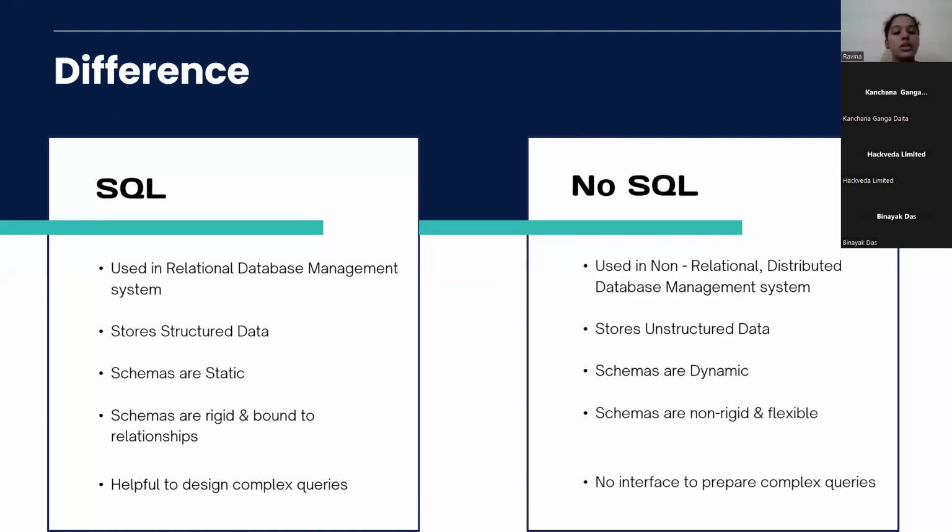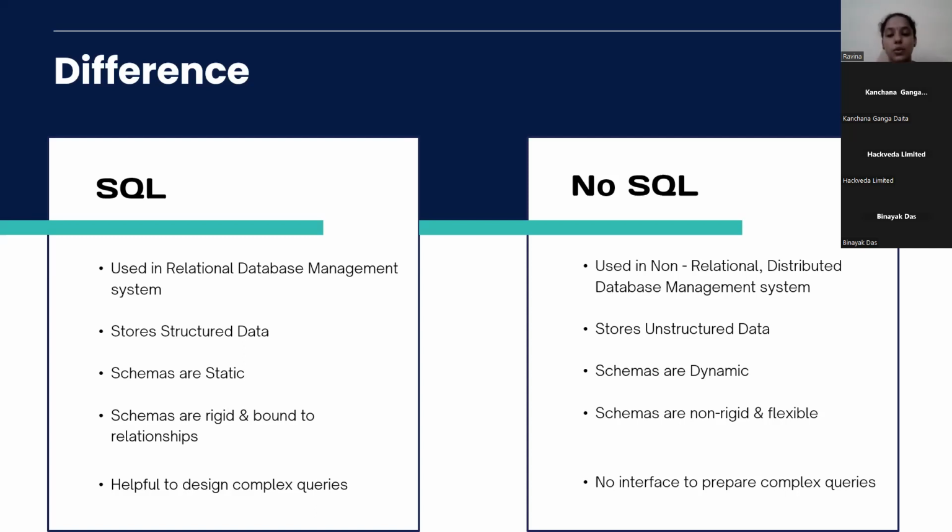SQL is used for a relational database management system, whereas a NoSQL database is a non-relational DBMS. SQL requires structured data, where NoSQL uses unstructured data. That is, the data can be in JSON form, document form. The SQL database is bound by relationships and is static, whereas NoSQL is flexible and dynamic.